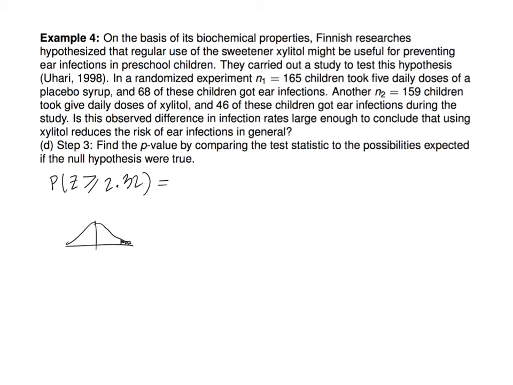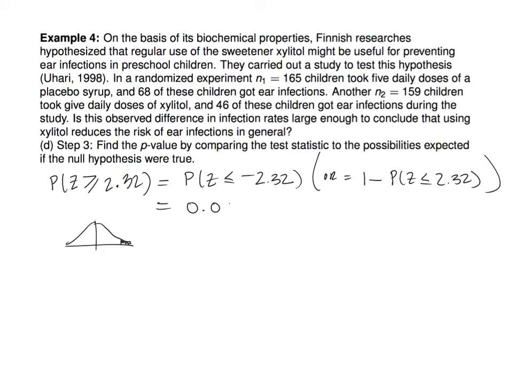Well, our tables only go to the left, so we're going to do the probability z is less than or equal to negative 2.32. This is the fastest way. You could also do 1 minus the probability z is less than or equal to 2.32. That also works. If you want to do it and check, that's totally fine. This comes out to be 0.0102.